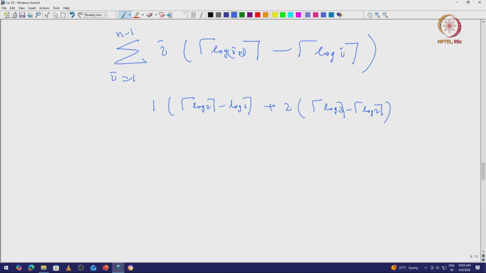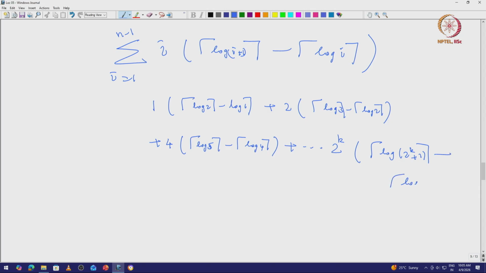The next surviving term will be 4 times (ceil log 4 log 5 minus ceil log 4). In this way, the largest power of k, 2 power k times (ceil log 2 power k plus 1 minus ceil log 2 power k).